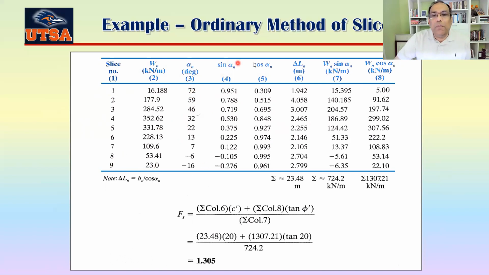Then you do some simple calculation here to solve that equation, like sine alpha n, cosine alpha n. You just try to find out your delta ln, which is nothing but b divided by cosine alpha. So that's basically this line here. Then you find out your W cosine alpha n and W sine alpha n. Then you plug that into the equation and find out your factor of safety.